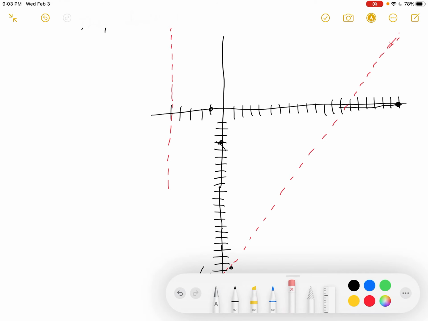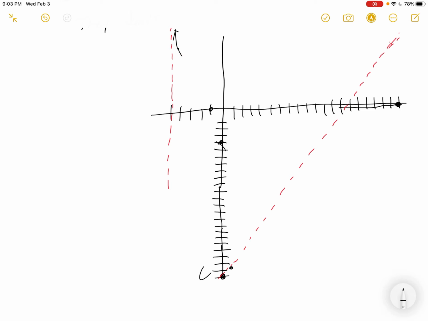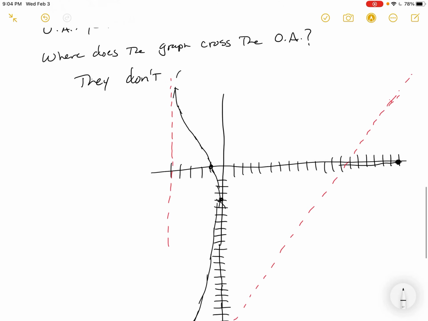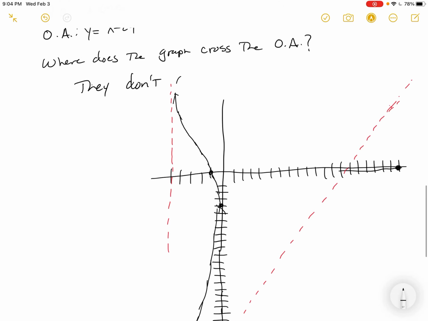It's definitely got to be coming up like this, and because it crosses through here, it must be bending off of that guy in order to come down to this line. It probably does not go through that again because we don't pick up another y-intercept, and it can't follow it the other way because we would pick up another x-intercept. What's happening out here, it's got to be crossing.